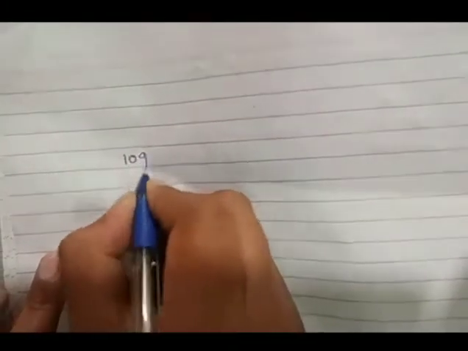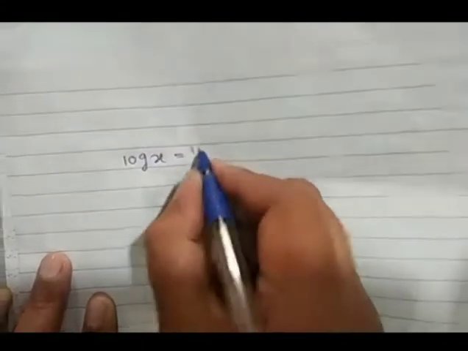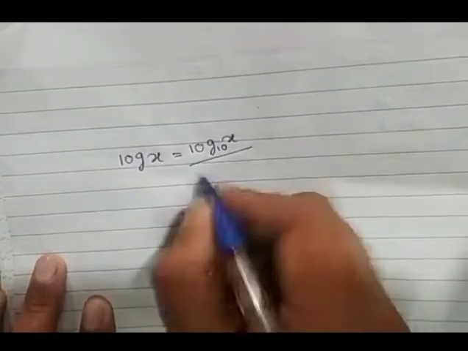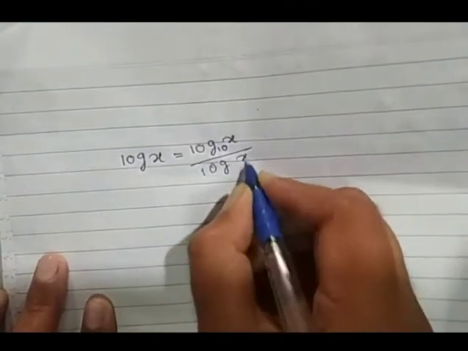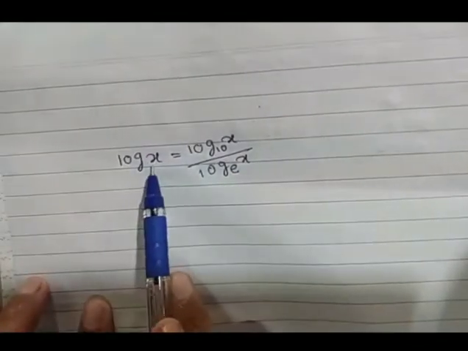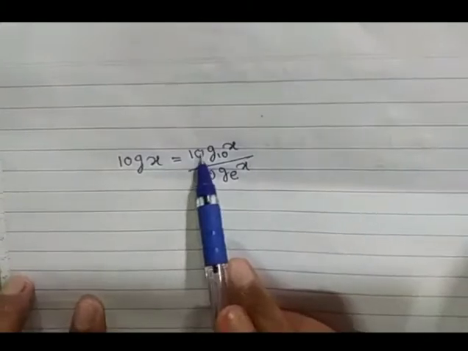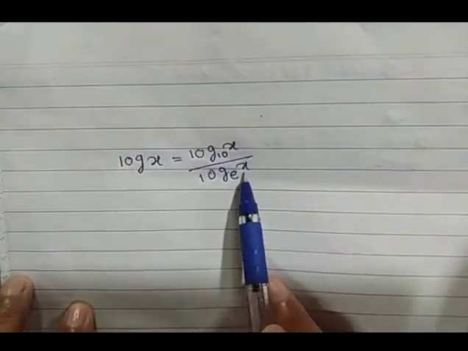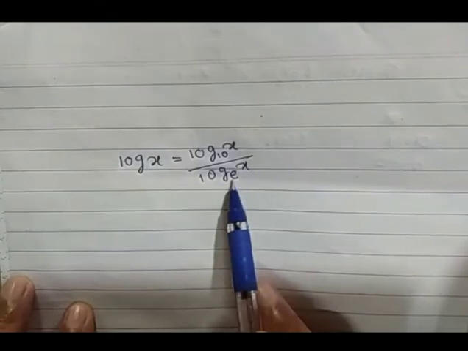In the question, just log x is given, so how can we write this one? We have to write it as log x to the base 10 divided by log e to the base 10. So whenever just log x is given, we can write it this way.